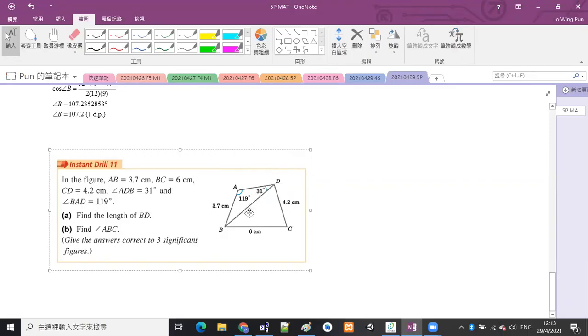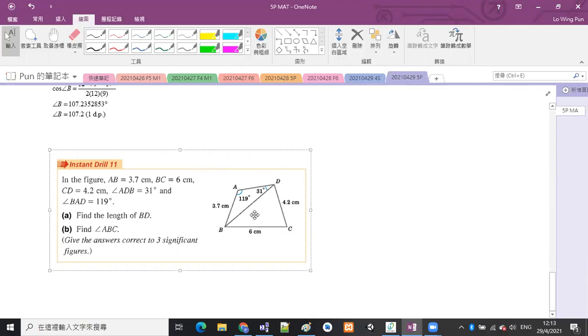BD belongs to triangle BCD and also belongs to triangle BAD. Okay. And when we choose which triangle we are going to use, we need to consider which triangle has more information for us to use. In triangle BCD, we just have two informations, 6 cm and 4.2 cm, right?